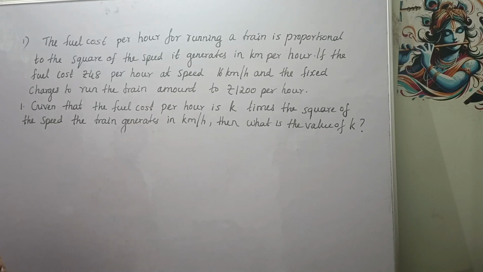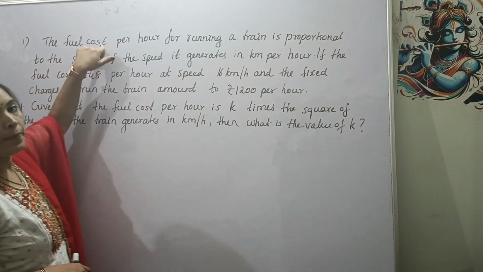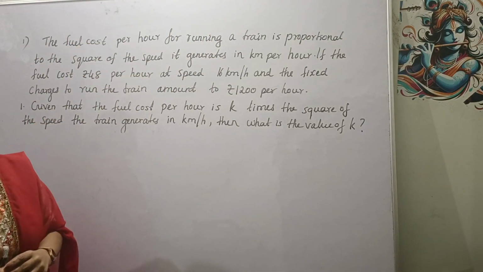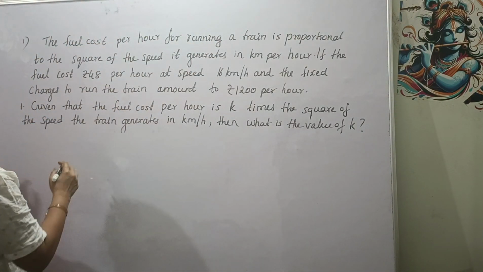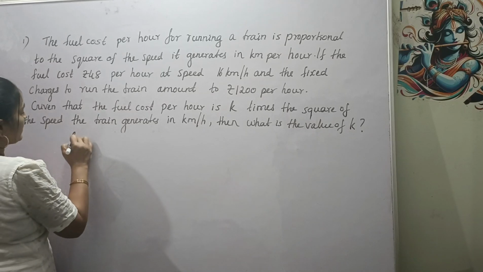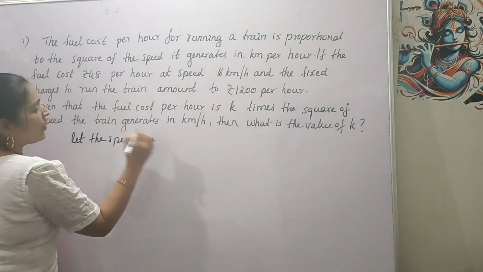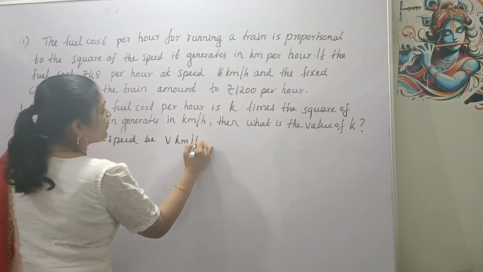First question: given that the fuel cost per hour is k times the square of the speed the train generates in kilometer per hour, what is the value of k? It is already given that fuel cost per hour is proportional to the square of the speed of the train. So let the speed of the train be v kilometer per hour.